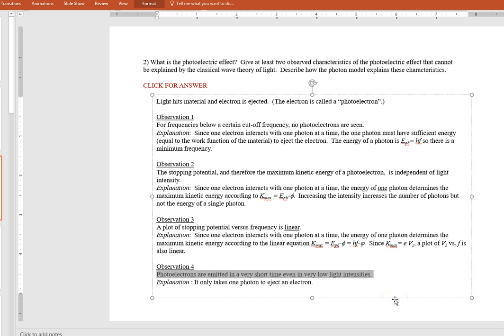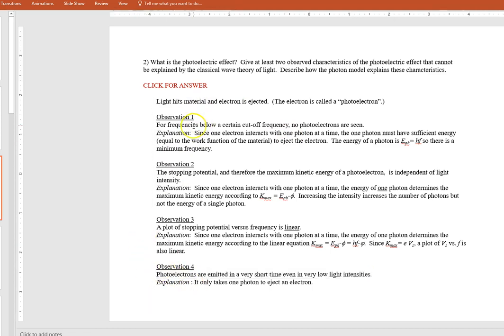That makes perfect sense, since one electron interacts with one photon, it takes just one photon to eject an electron. So even at very low light levels, where you're sending just a few photons per unit time, you're still going to be ejecting photoelectrons because it's one photon that's being absorbed. So all four of these observations are now explained by the photon model of light.